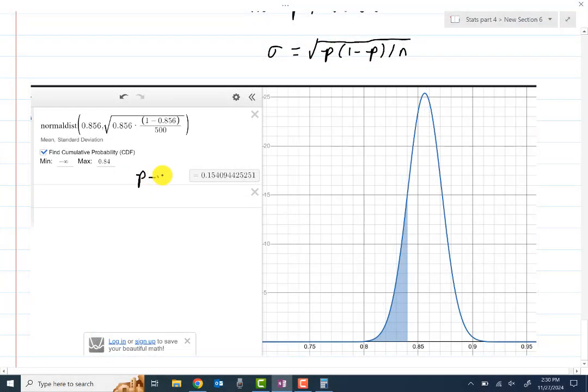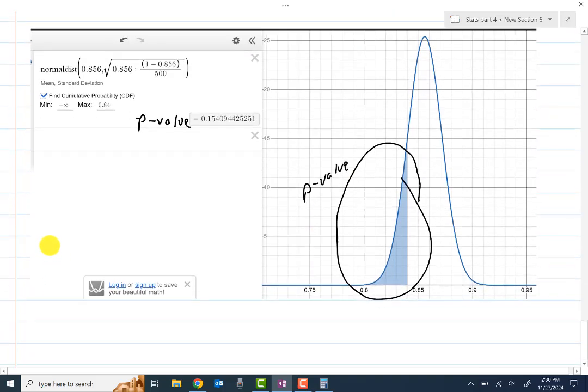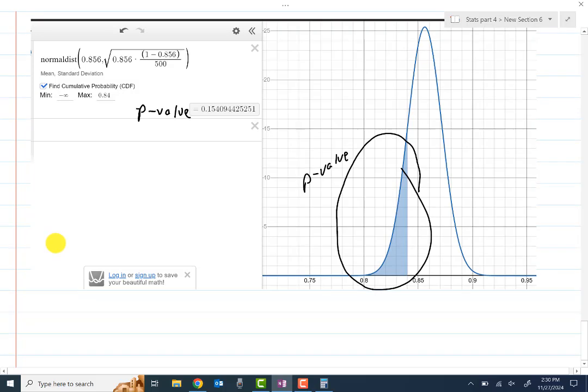Here's our p-value. That's, of course, the same as this area. And our p-value to 4 decimal places is 0.1541.